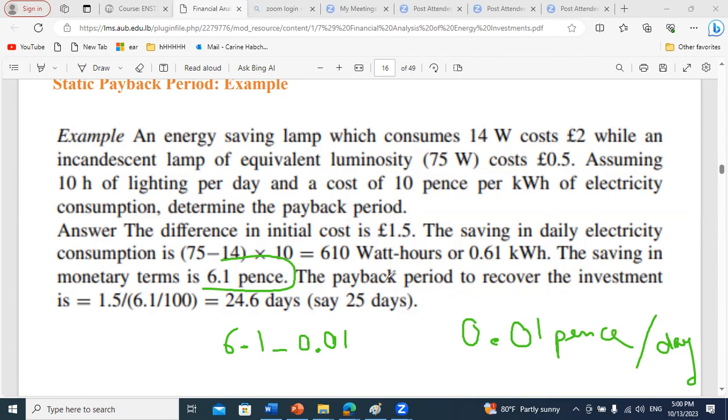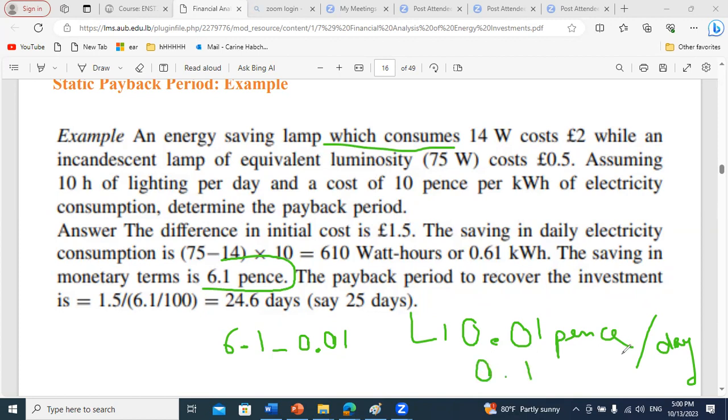Of course, we are assuming here that this lamp needs maintenance and the other one will not. If both need maintenance, you should consider the difference between them. So let's say, for example, lamp 1 requires as maintenance 0.01 pence per day, while lamp 2 requires, for example, more, 0.1 pence per day.